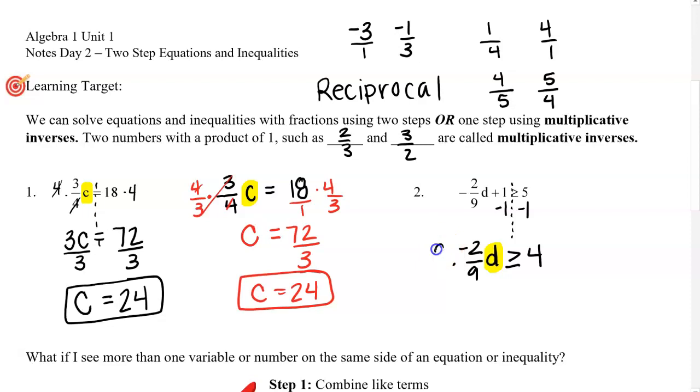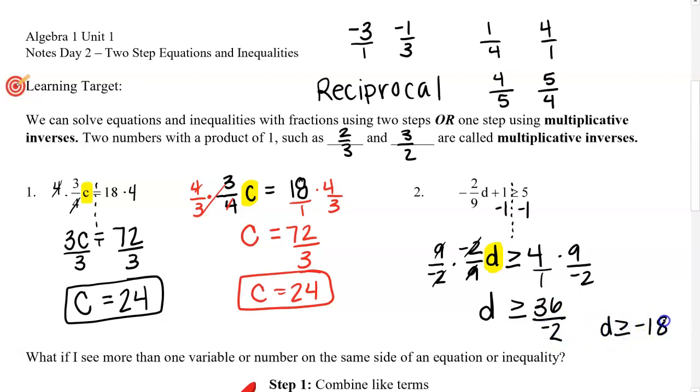So now I'm going to multiply by the reciprocal 9 over -2 on both sides, leaving just the variable d left. And then again, over here you can try to simplify it, or you can multiply across the top and multiply across the bottom. So d is greater than or equal to -18.